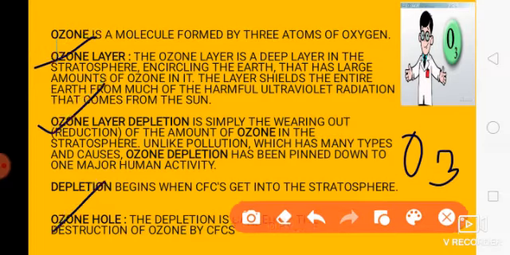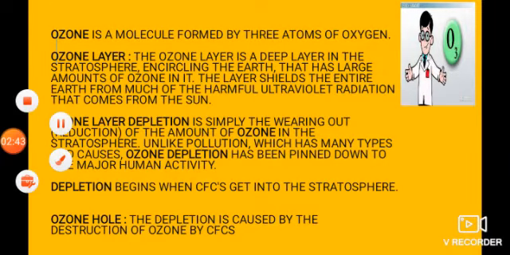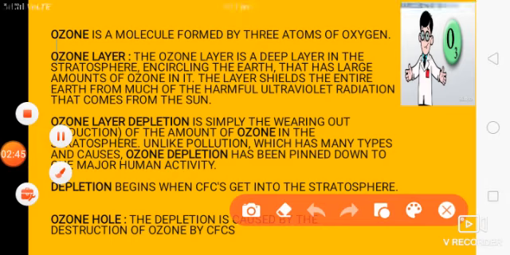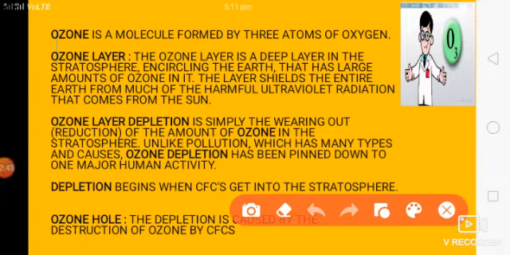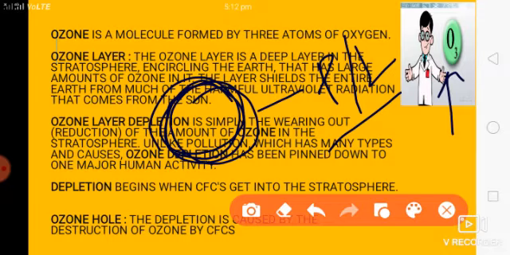So students, ozone, as I told you, is a molecule of oxygen where 3 atoms are there. And if I consider what is the ozone layer, then let me tell you one thing. Our earth is surrounded by one protective layer, a deep layer in our stratosphere.